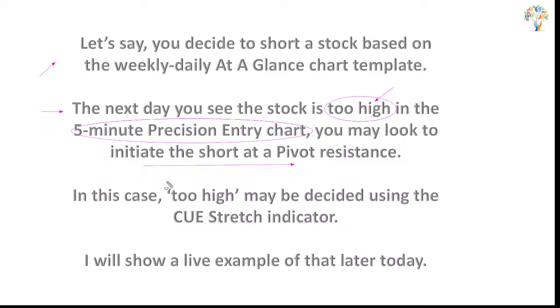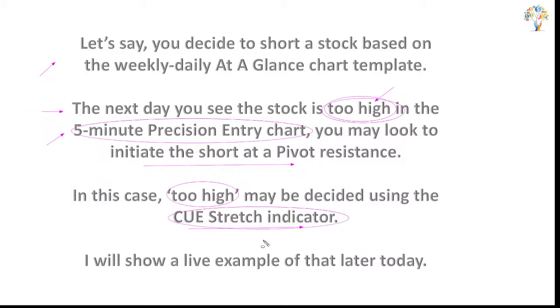In this case, too high may be decided using the Q stretch indicator. This is a way to find out when it is too high, and in this case the too high is on the 5-minute intraday real-time time frame, and you could profit from that by entering the trade at a better fill price, because we are shorting when it is getting overbought using the Q stretch indicator.